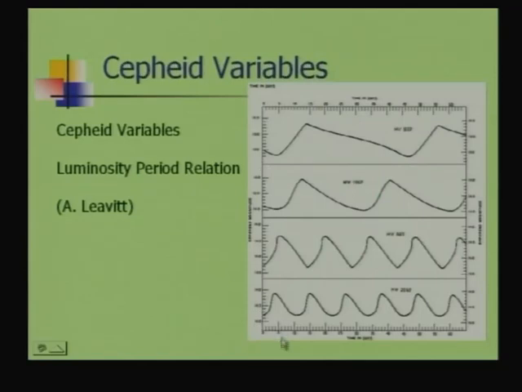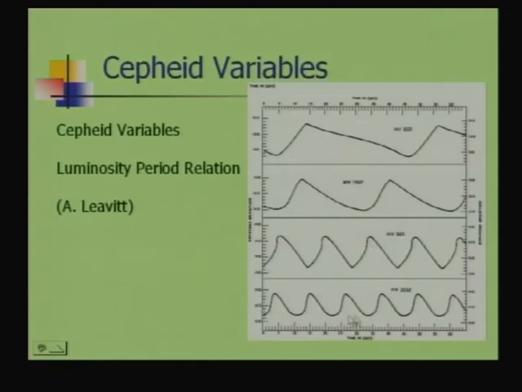This picture shows you the light curve, the flux or the luminosity from several Cepheid variables, and for all of them the luminosity changes periodically with time, and the time period could be days or weeks, even up to a month. So the luminosity changes periodically, as you can see.